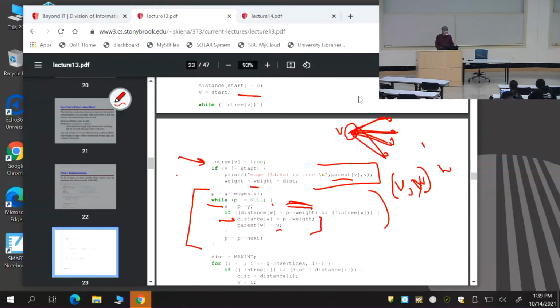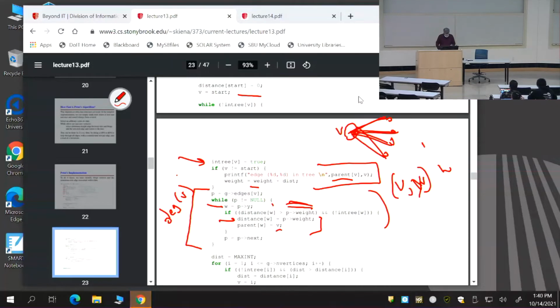Yes? This is the order of the degree, actually. Yeah, I'll give it to you. That's the running time, the degree of V, which might be n, might be less.